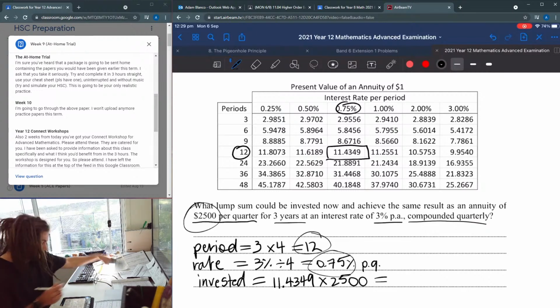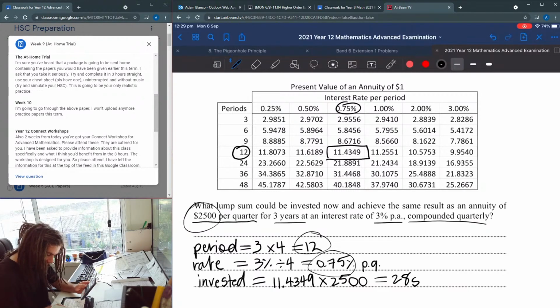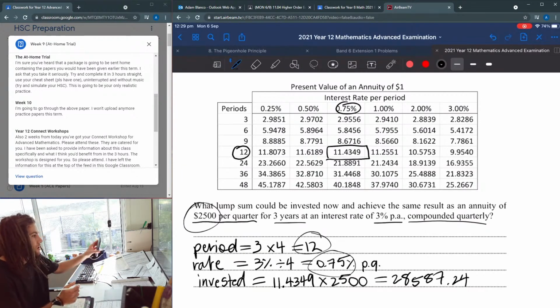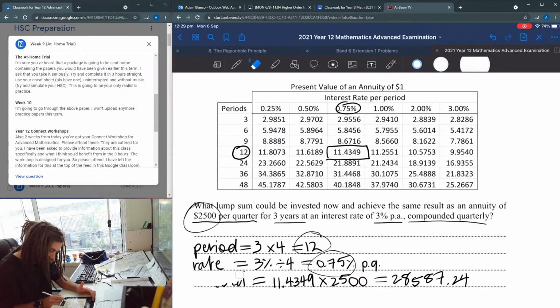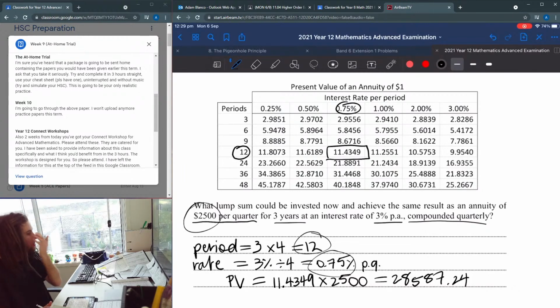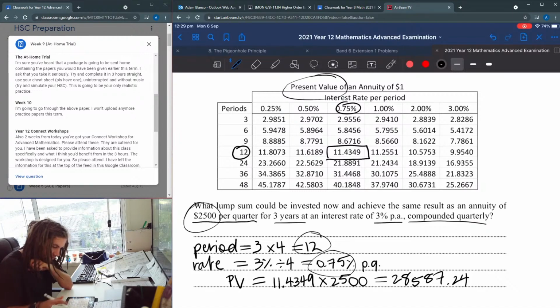And that's equal to $2,858.24. So call that the present value. I don't know why I wrote for then. Present value. Okay. Because it's a present value table.